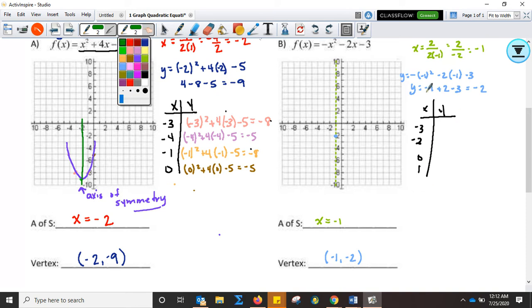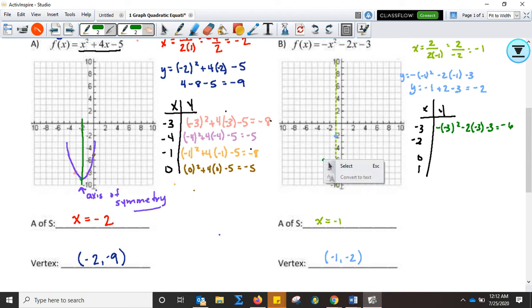So I have -3 squared minus 2 times -3 minus 3. So -9 plus 6, so that's -3 minus 3 is -6. So our ordered pair is -3, -6.